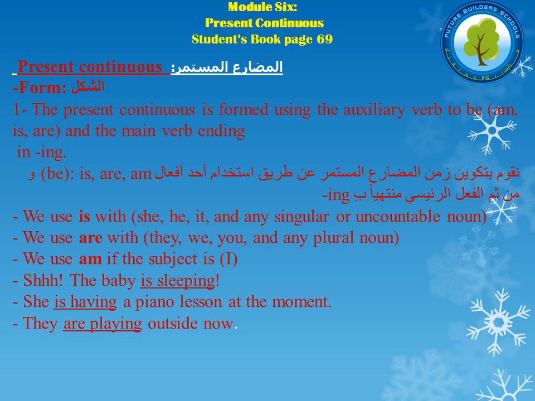We use are with they, we, you, and any plural noun. نستخدم are مع ضمائر they, we, you, and any plural noun أو أي اسم مجموع. We use am if the subject is I. نستخدم am فقط إذا كان الفاعل I.